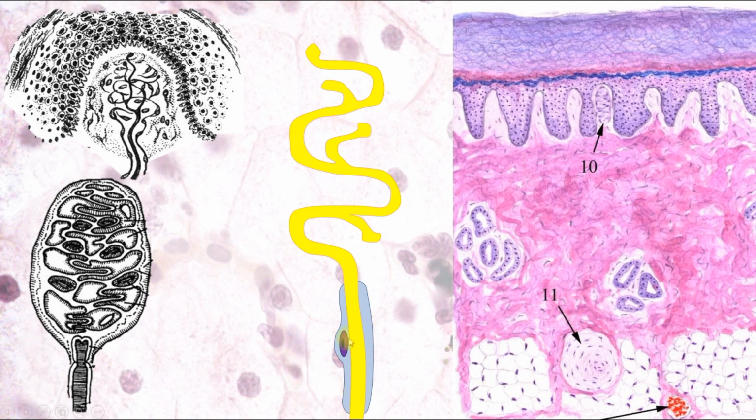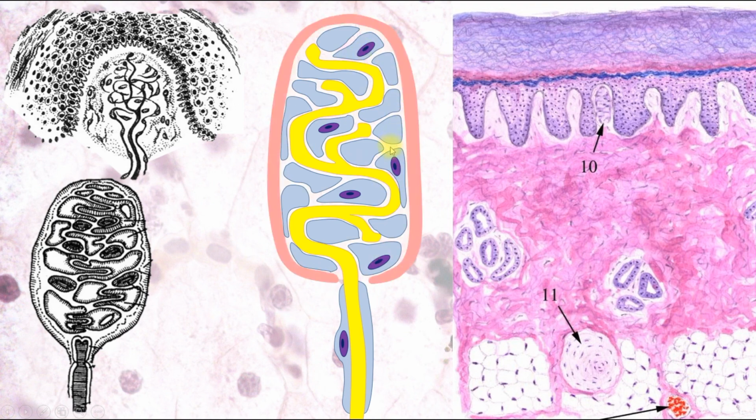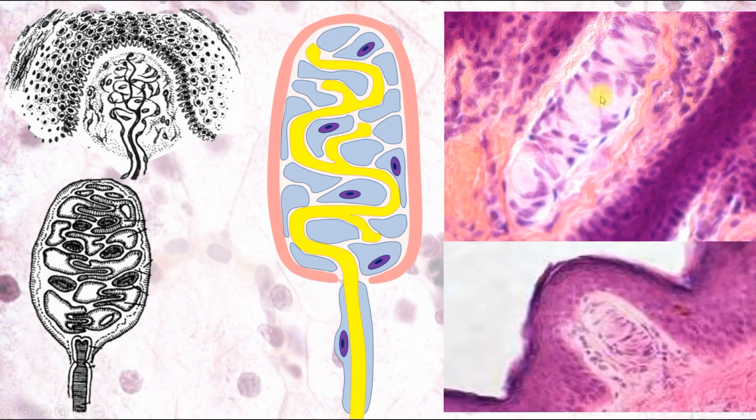They cover this dendrite, and also they surround the terminal branch of the dendrite. There are glial cells, and they are covered with a connective tissue capsule. Those Meissner's bodies are located in the papilla of skin. And here we can see a Meissner's corpuscle in the papilla under the epidermis.